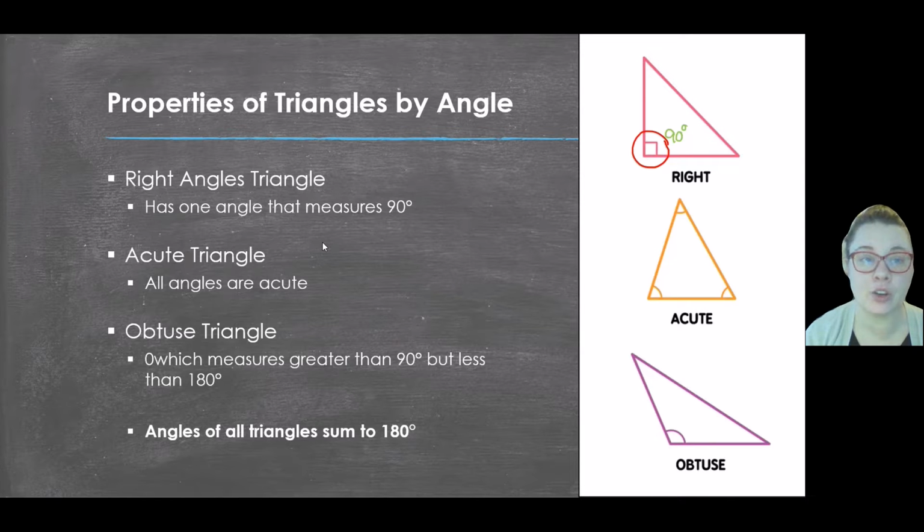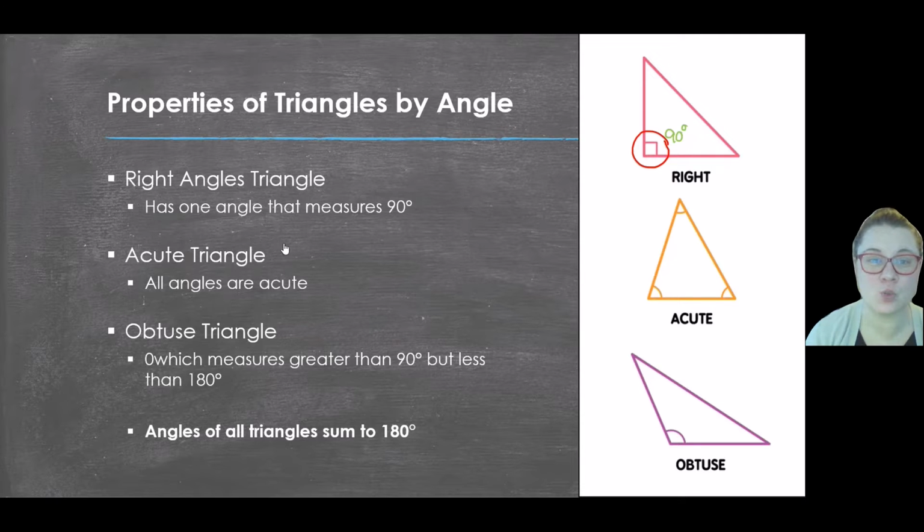An acute triangle just has all angles acute, so all angles in this triangle are less than 90 degrees. If you have an obtuse triangle, it just means that you have one angle which measures greater than 90 but less than 180.